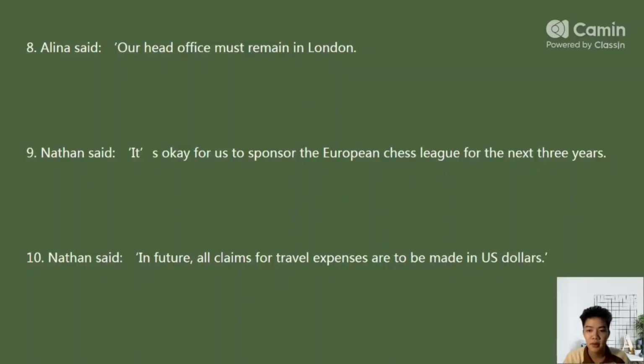The next, number eight. No. Elena's statement is information about the location of the office, but it does not express agreement or disagreement with maintaining the office in London. In this context, no means the statement does not imply agreement or a call to action.